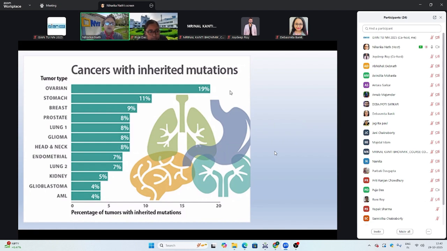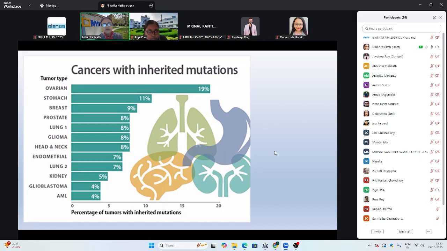This is a graph of the percentage of the tumors, of all the different cancers, those with inherited mutations. The mutations will be passed on from mother to daughter. When I say mutations, some of those defects are going to be passed on.